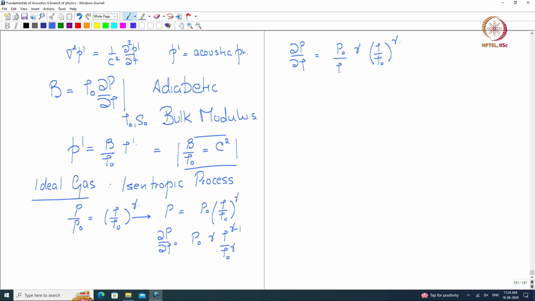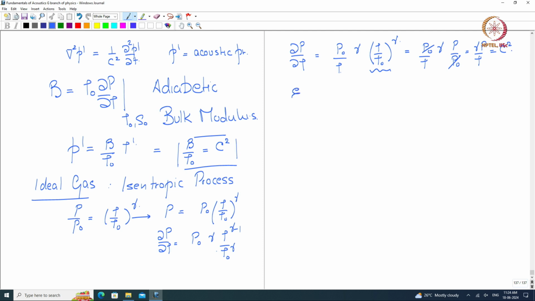Okay. So del P by del rho, that becomes equal to P0 by rho gamma, and this entity is P by P0, which is gamma P by rho, which is c square. Okay.